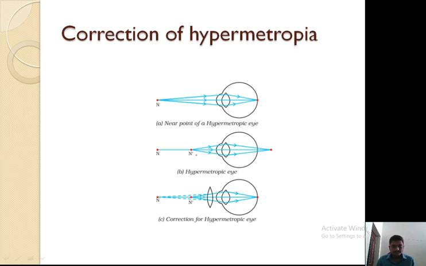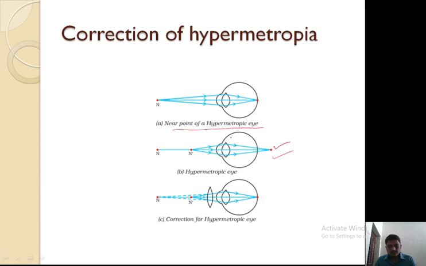Here is the near point of the hypermetropic eye. In the hypermetropic eye, the image is formed behind the retina. When the image is formed behind the retina, the person cannot see the object clearly and distinctly.